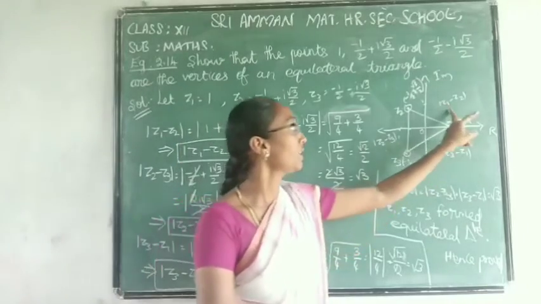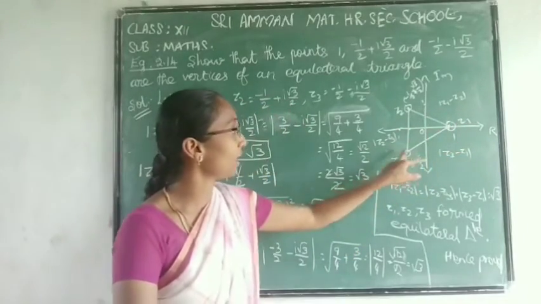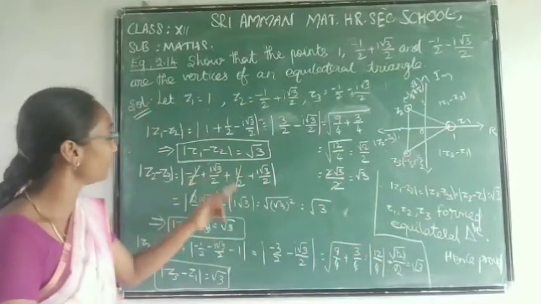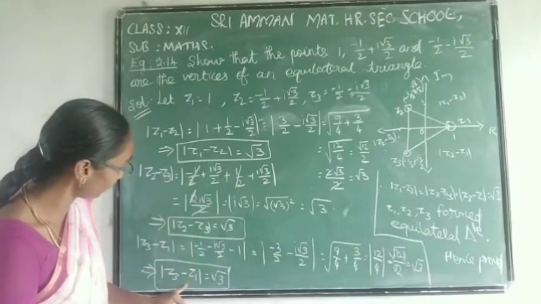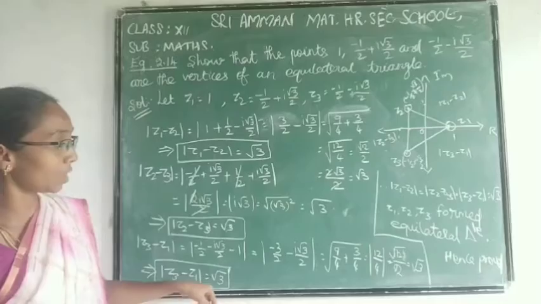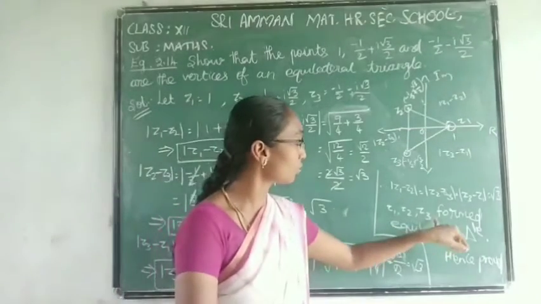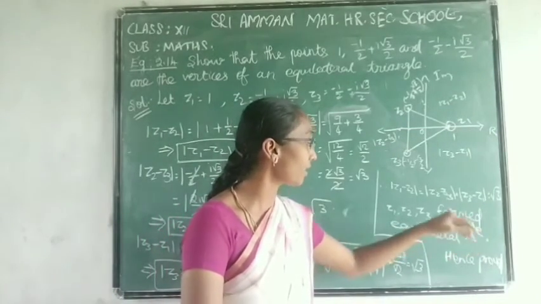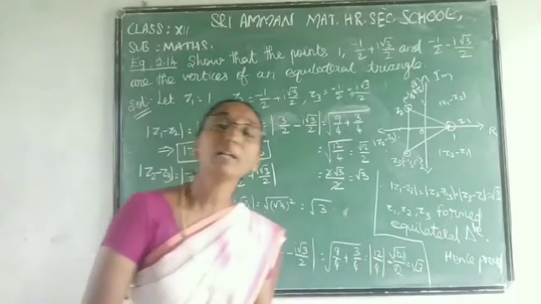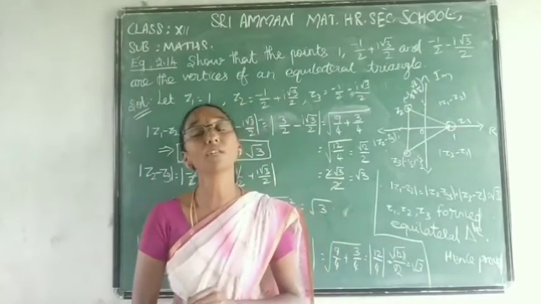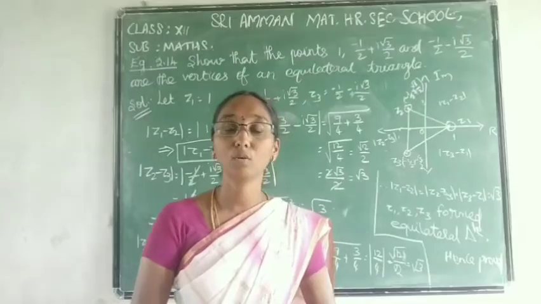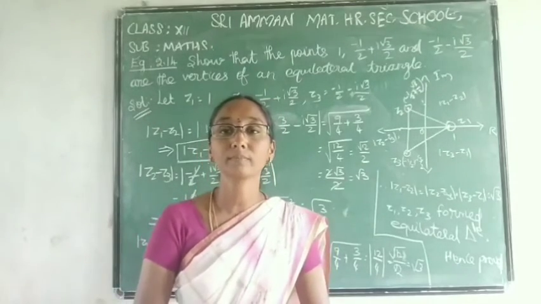We want to find this value, and in the same manner we get the others. Substitute the values; these three modulus values are equal. So z1, z2, z3 are the vertices of an equilateral triangle. Okay, do you understand?